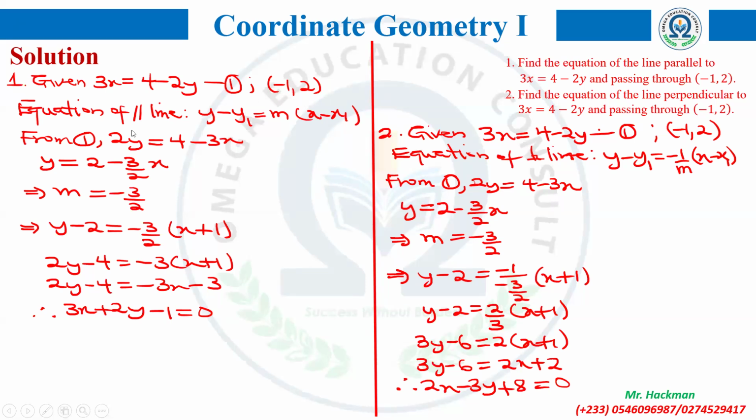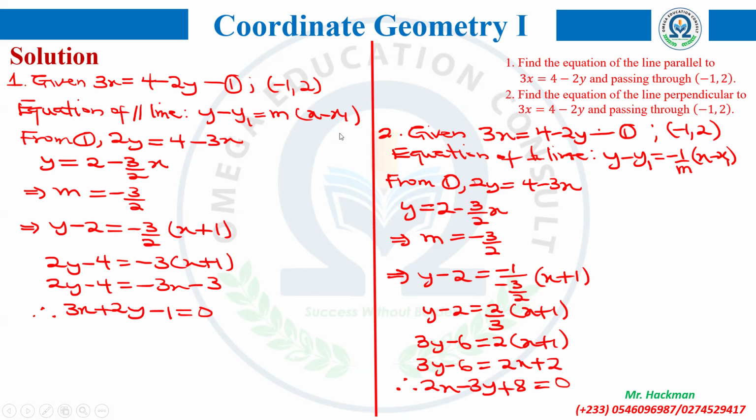So you know what this information is depicting. Then now, you are asked to find the equation of the parallel line. So you write "equation of parallel line" then a colon, then I quote the formula.